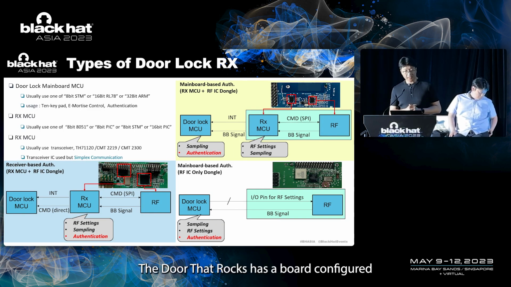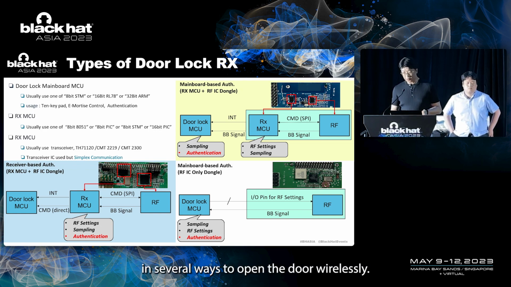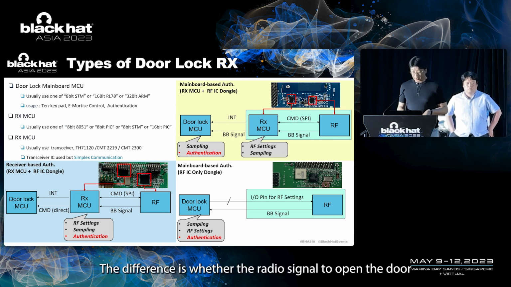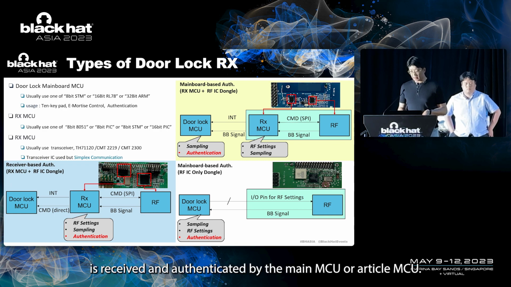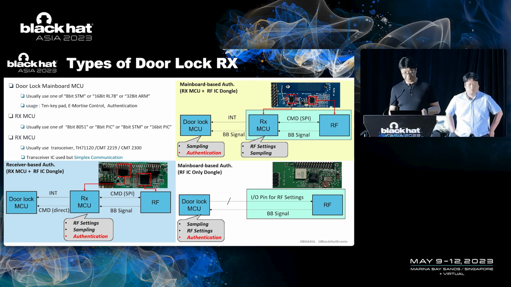The door lock has a board configured in several ways to open the door wirelessly. The difference is whether the radio signal to open the door is received and authenticated by the main MCU or the RX MCU.